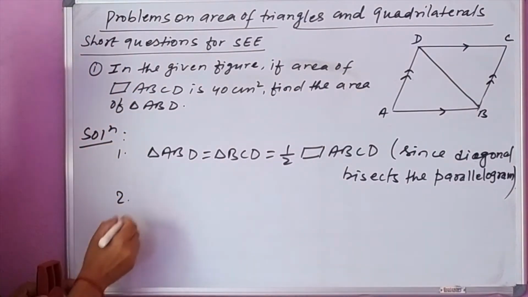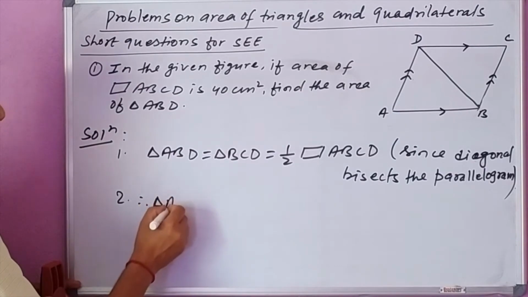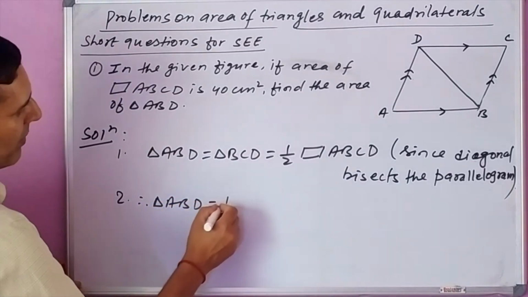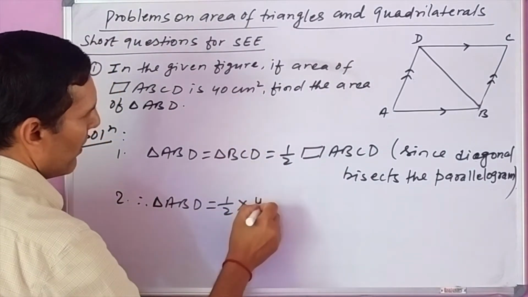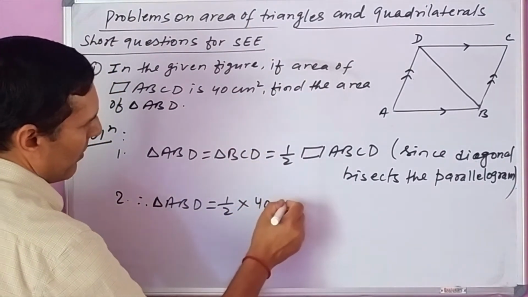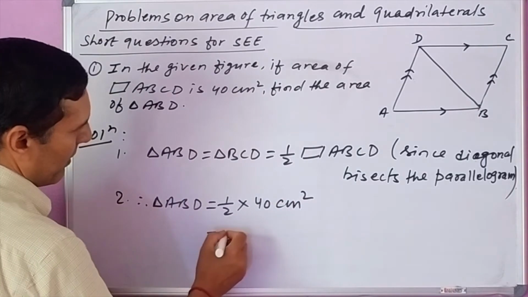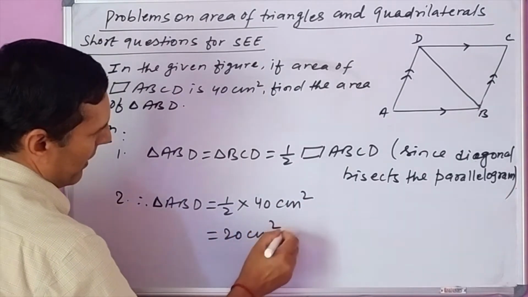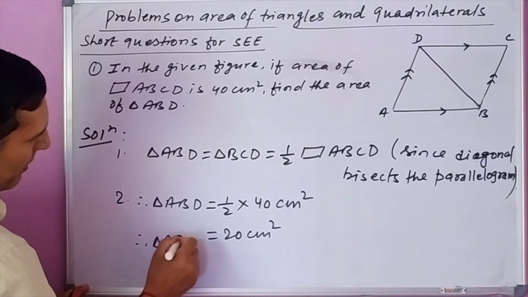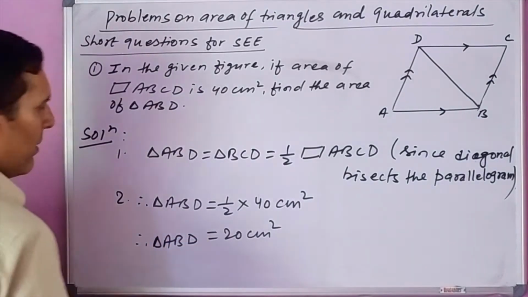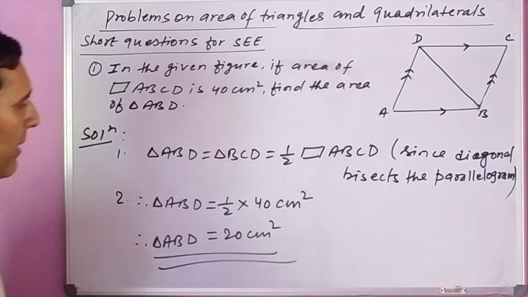Number 2, therefore area of triangle ABD is equal to half of the area of the parallelogram. It is given 40 square centimeter, so it is 20 square centimeter. Therefore, area of triangle ABD is equal to 20 square centimeter.